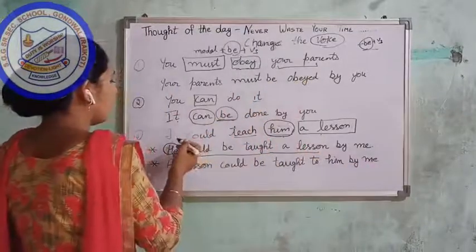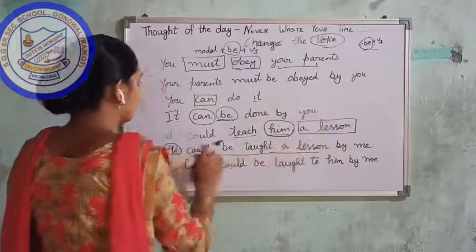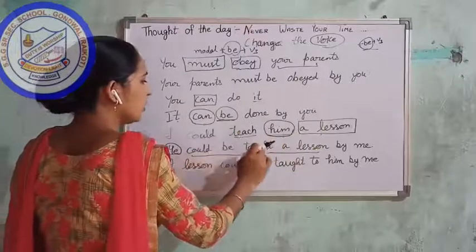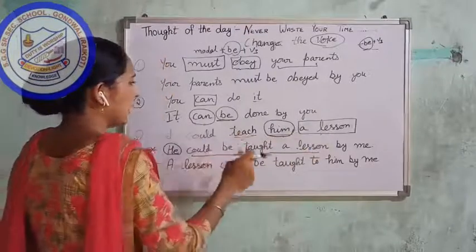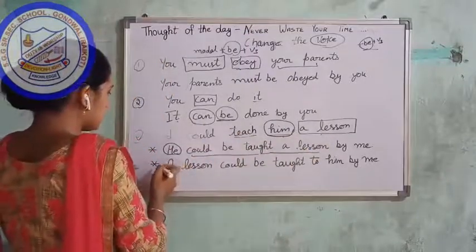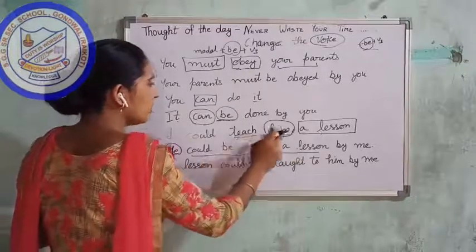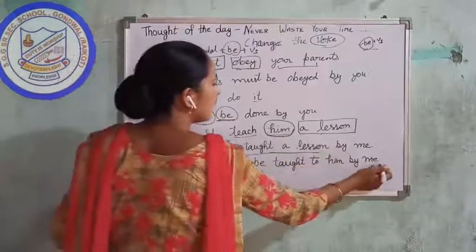So, I could teach him a lesson. He could be taught a lesson by me. And in the second sentence, a lesson could be taught to him by me.